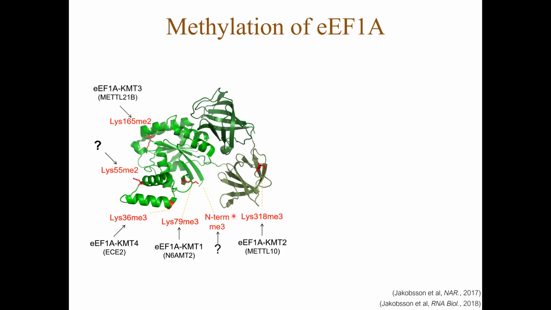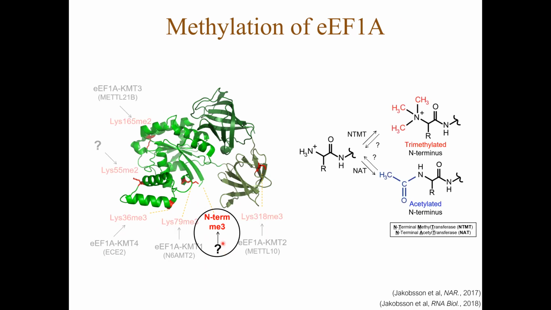But I was also interested in identifying the enzyme that introduces this N-terminal trimethylation event, which is a bit more exotic. Usually the N-termini of proteins are subject to co-translational acetylation. So N-terminal methylation is really an odd post-translational modification that I found particularly interesting.